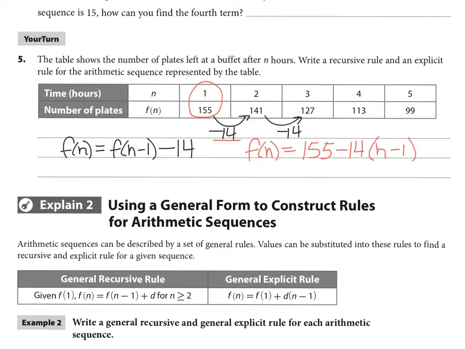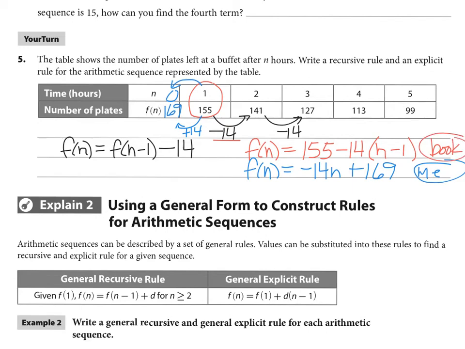Now, for me, I would write it as f of n equals your slope, negative 14n, plus your y-intercept, which is your zero term. You would go back, you would add 14, and that would give you 169. So plus 169, and that's how I would do it. This is me as far as my equation, and this is how the book would do their equation.